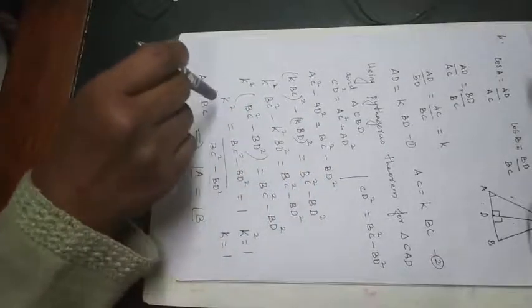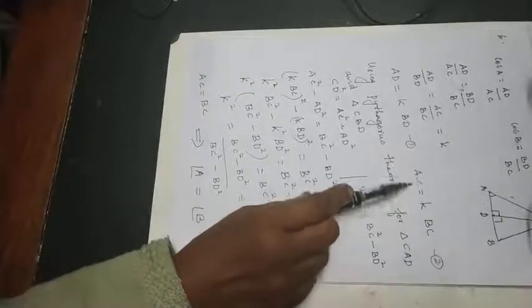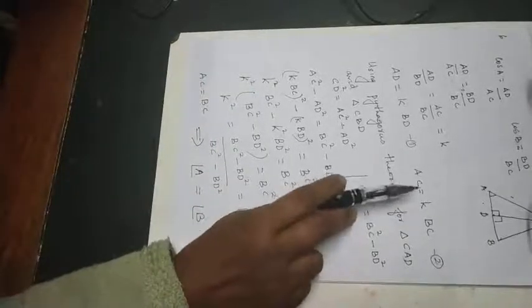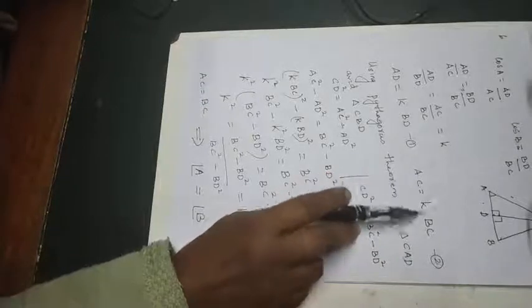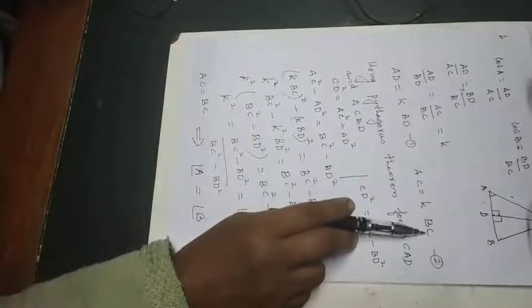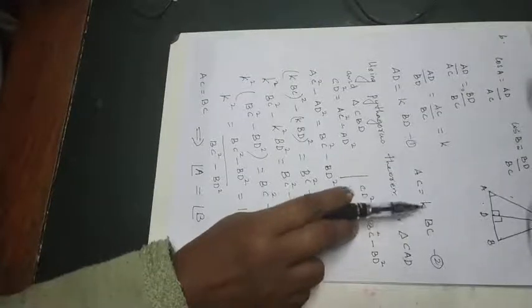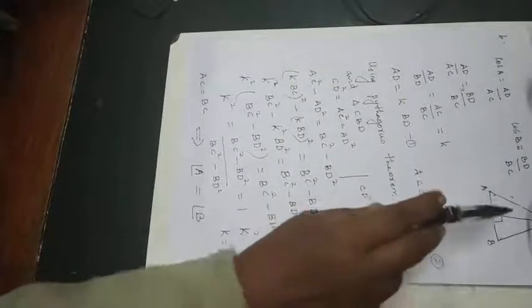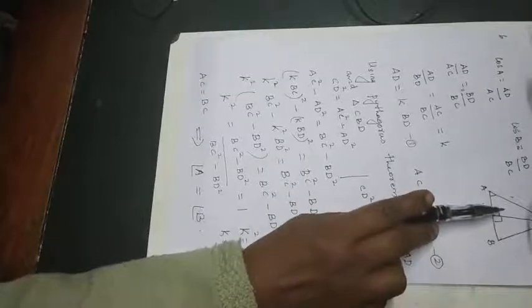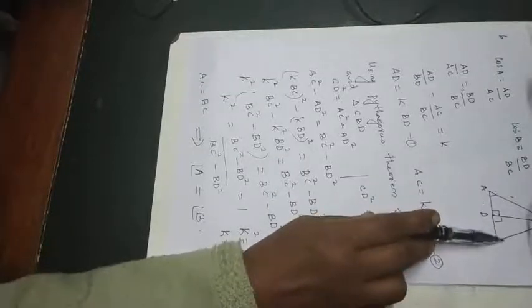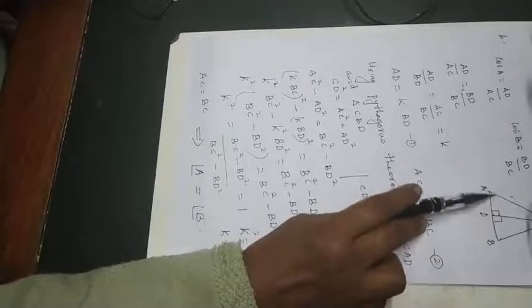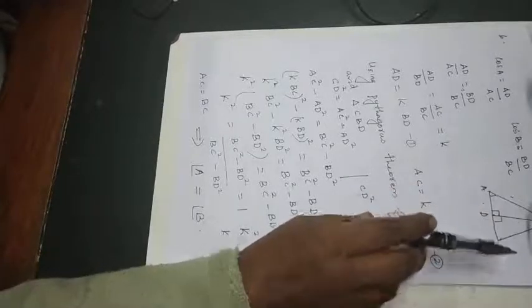So we got K square is equal to 1 or K is equal to 1. K equal to 1, when you put in this equation, you are getting AC equal to BC. That means triangle ABC is an isosceles triangle. So angle A is equal to angle B.